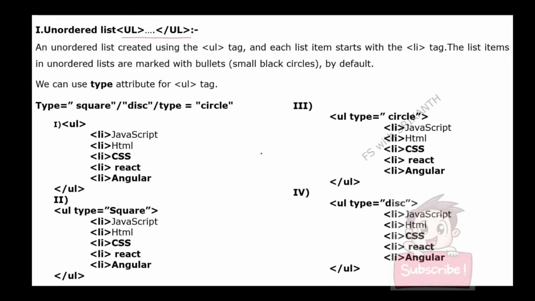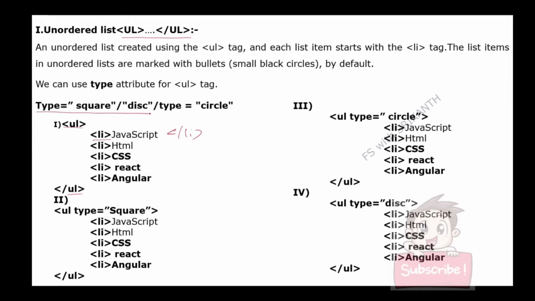This UL tag contains a number of list items. We present those list items with the help of the list item tag. This is the list item tag. It is actually a paired tag, but it also works as a single tag. Actually, it is a paired tag. That is the default, and this UL tag also supports the type attribute.